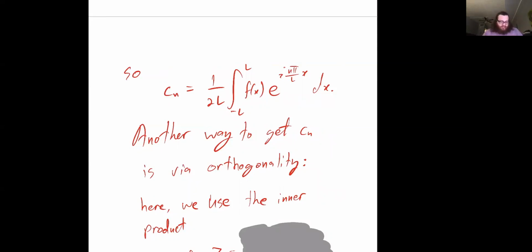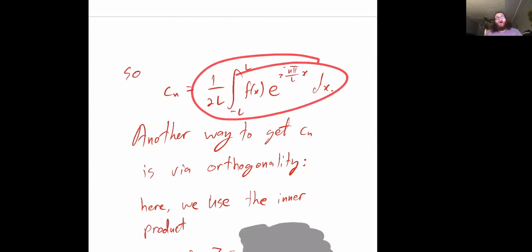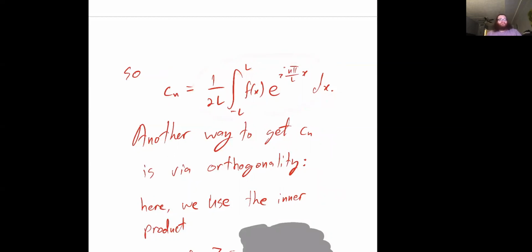Now we're getting the same coefficients just in terms of these complex exponential integrals. But what we saw before is, if we compute these integrals and we get what these c sub n are, we can recover the original a sub n and b sub n. So again, it's the same object, different representation.